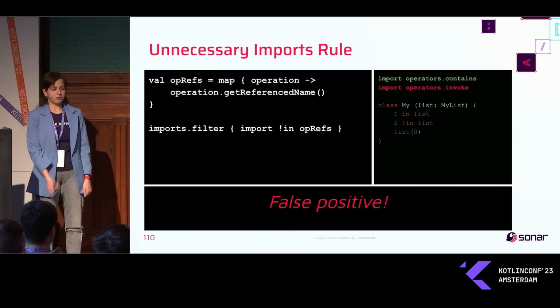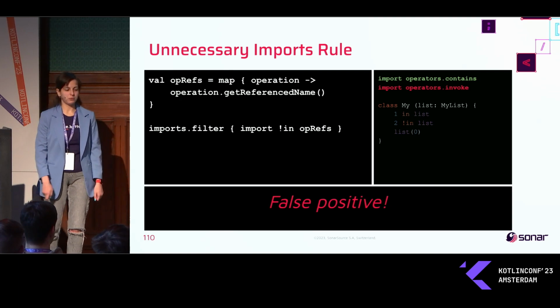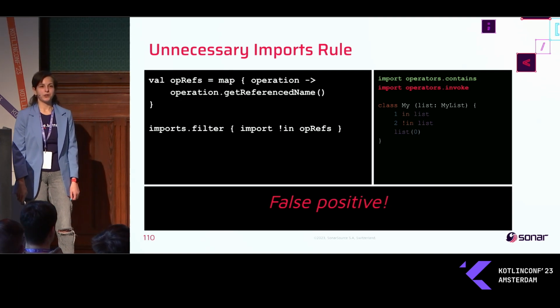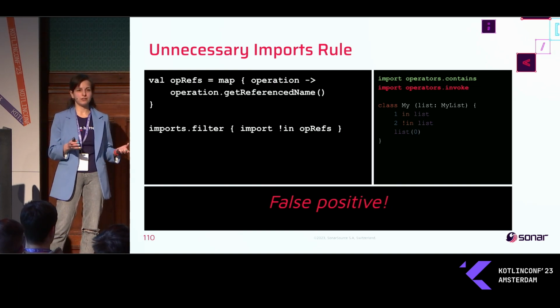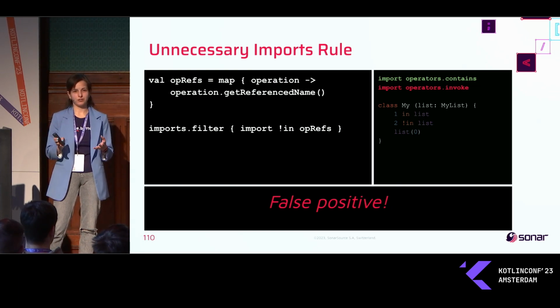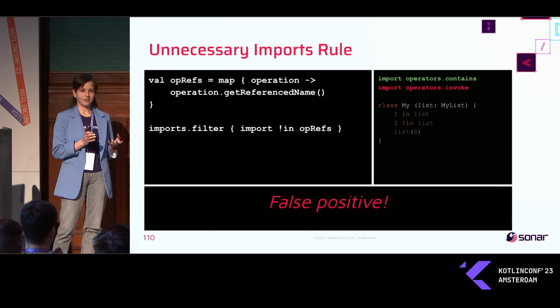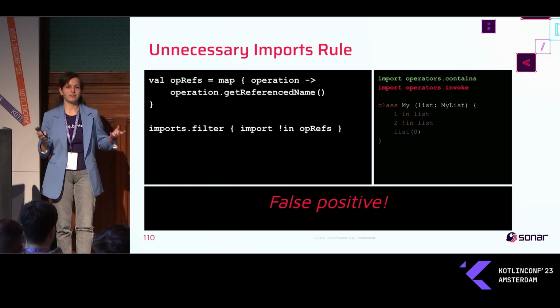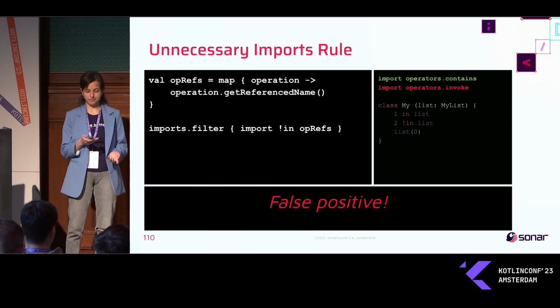But there is still a problem with invoke. What's the problem with invoke? From the Kotlin AST point of view, there is no difference whether you call a function or whether it's just an overloaded invoke operator. So there is no way to distinguish it without visiting all call expressions.